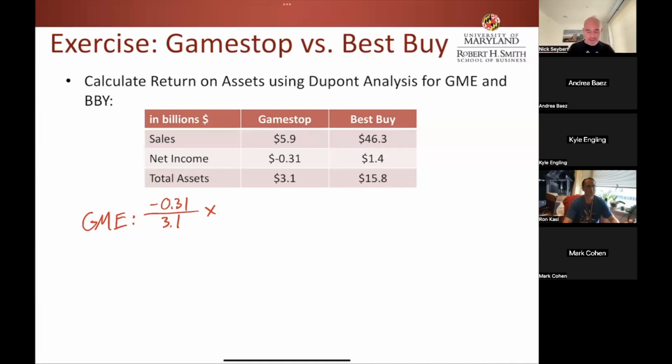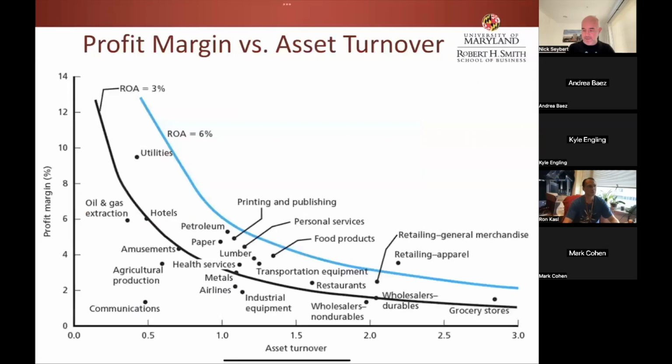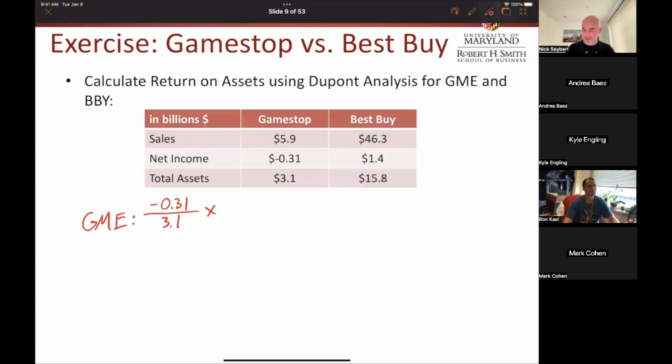But in DuPont analysis, you always know that, I'm sorry, I just copied the wrong thing in there. Well, if I can bring up my eraser here, there we go. I'll get this eventually, guys. All right, it's over 5.9. Sorry, net income over sales.